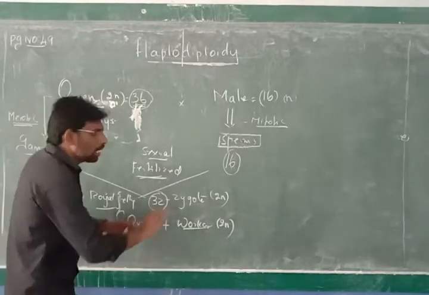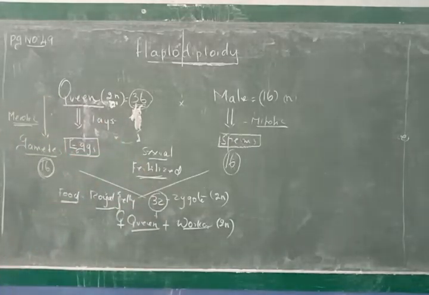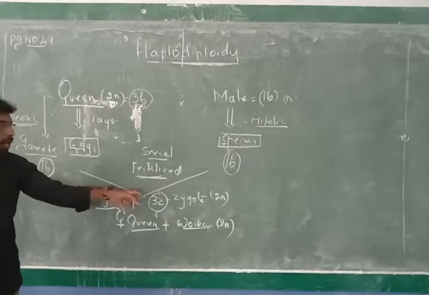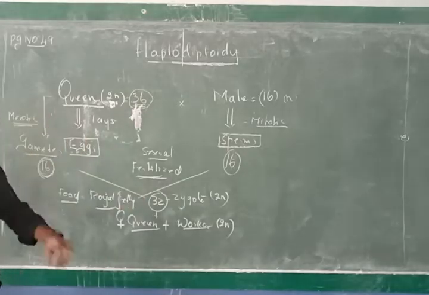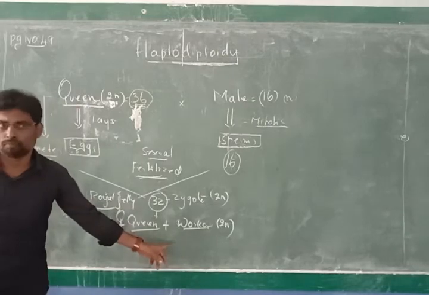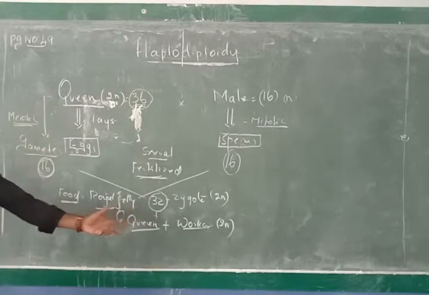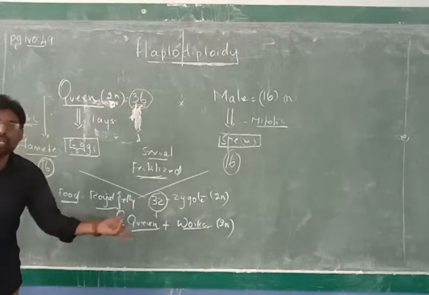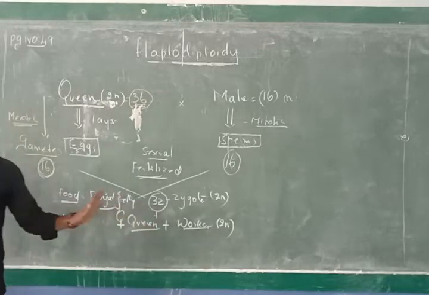Those that have eaten the bread from outside, where you have honey and bread, that bread is called bee bread. If it eats bee bread, it becomes a worker bee. All females depend upon the food to become queen or worker. This much you are clear?